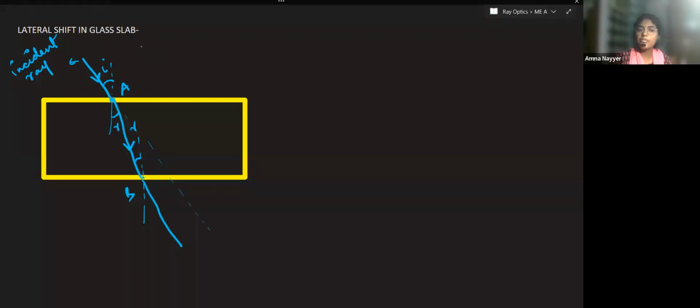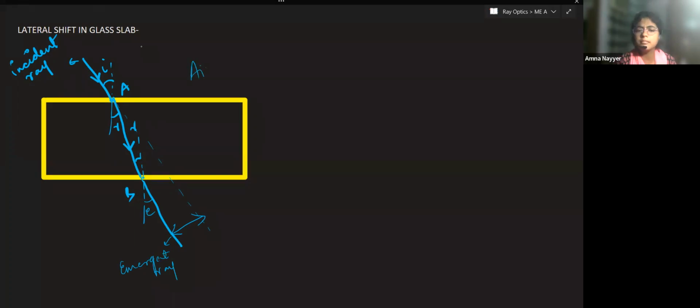Since it is refracted, there is a gap. This gap, this perpendicular distance that we obtain between the incident ray and the emergent ray, this is now the emergent ray, is known as the lateral shift in a glass slab.